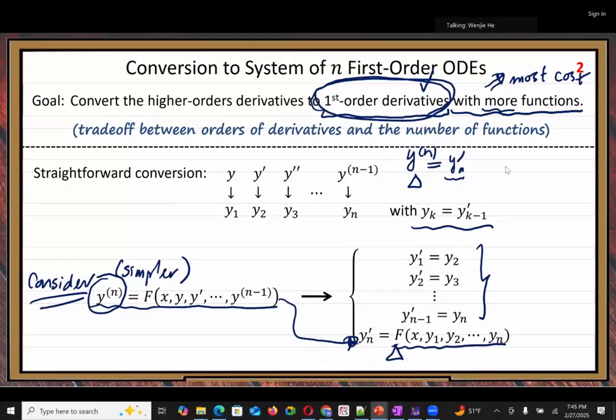Our current mathematical tools are still too limited, not powerful enough. If we consider all the possible ODEs, most of them we cannot solve.